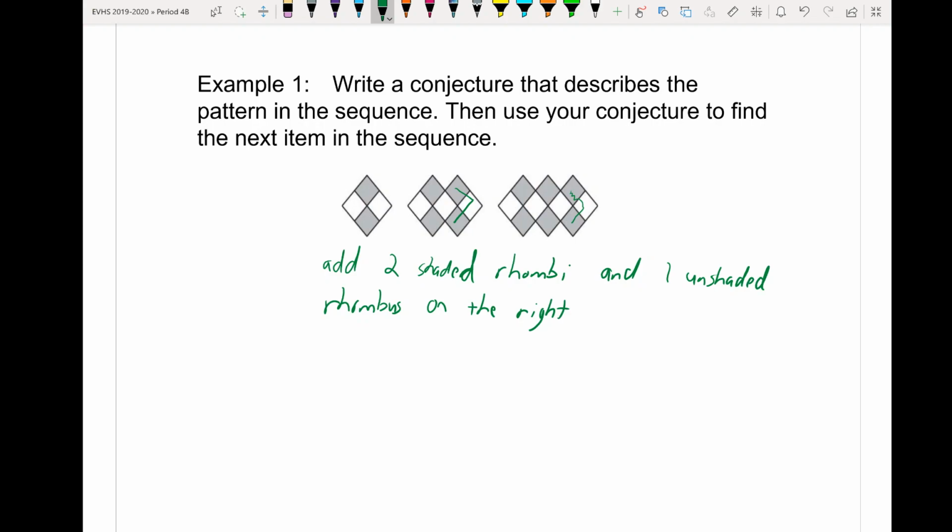And so for adding the next one in the sequence, instead of drawing a whole bunch of extra ones, I'm just going to draw it in. And remember, we always pretend that my drawings are perfect. Yes, thank you. There is no pretending. My drawings are always perfect.